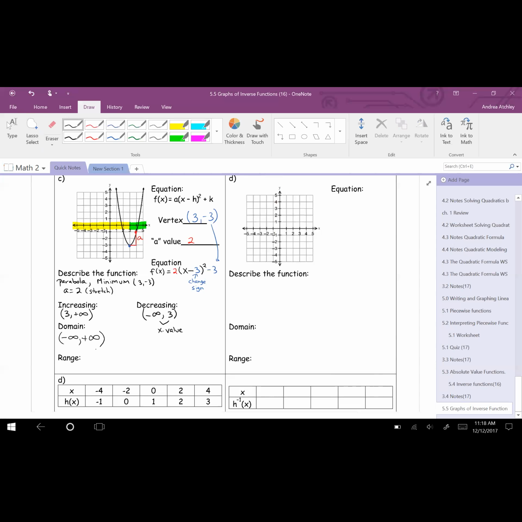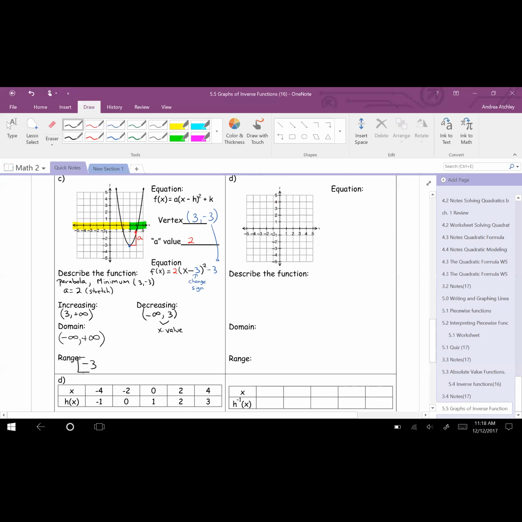Then we want to deal with our range, our y values again. Gavin, how far down will I go? What's the lowest I can go? -3, okay? Can I equal -3? Yes, in this case I can, because I'm just finding the lowest point.